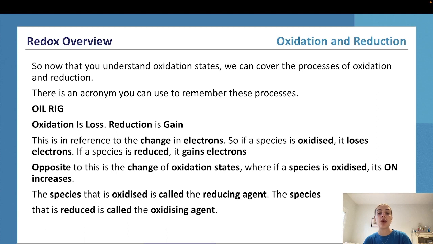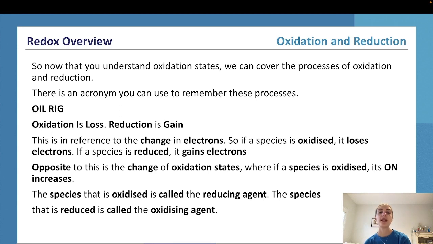If a species is oxidized, its oxidation number is going to increase. For example, you have something with a 2+ oxidation number and it becomes oxidized, it's lost electrons. If it's lost 1 electron, it will then become 3+, because we remember that electrons have a negative charge. So if you take away an electron, that means you're taking away negative charge, giving the element a more positive charge.